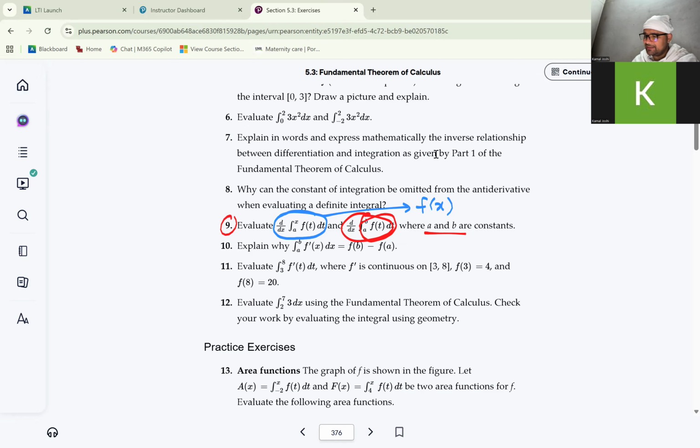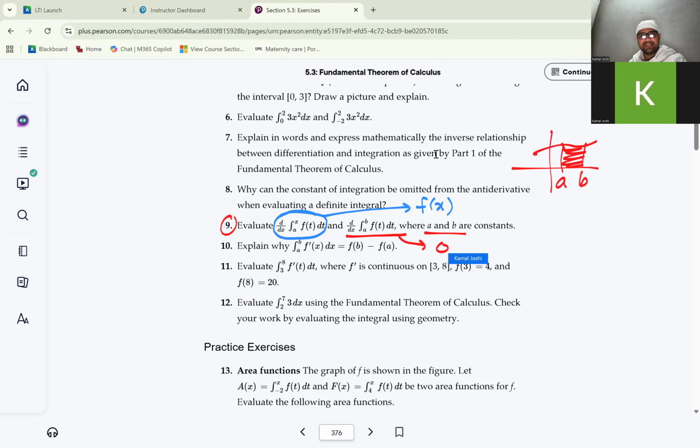It's the area under the graph from a to b, fixed points a and b, and that particular area is constant. And so the second value here is 0. The derivative of a constant is 0.